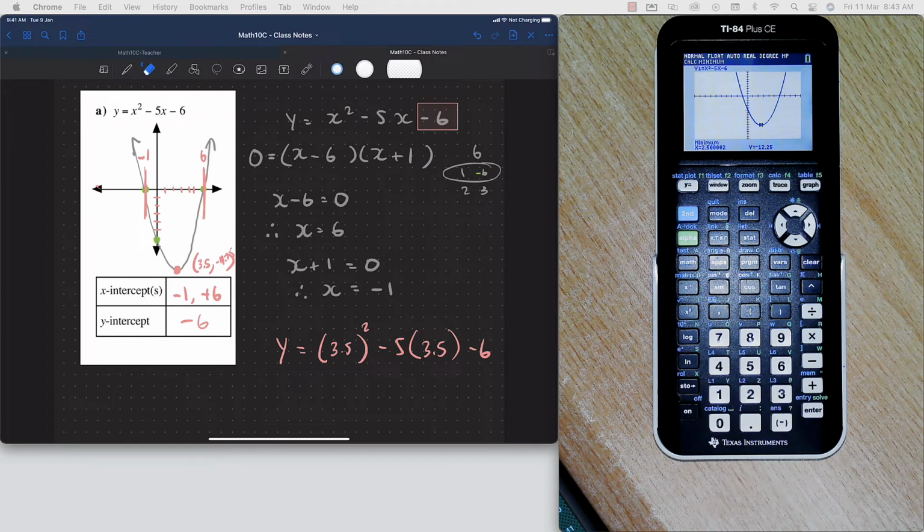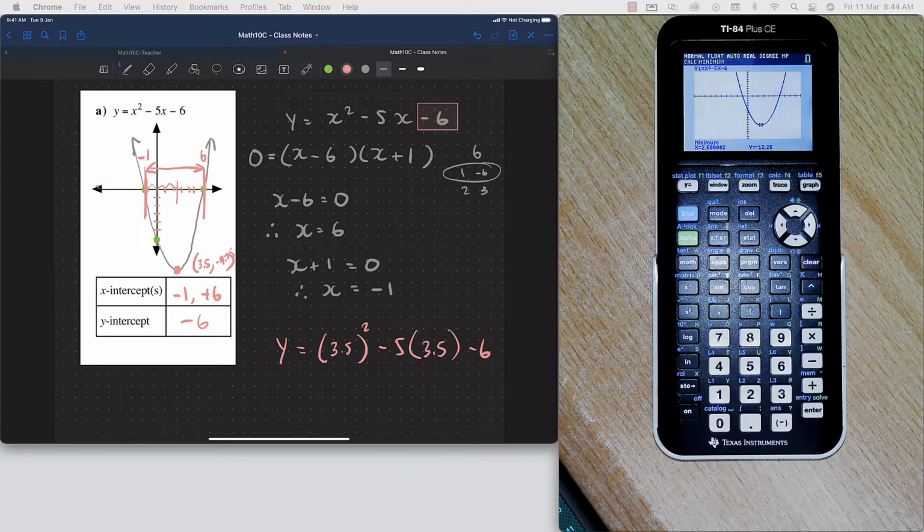Now, it is 3.5 over, remember I said between these 2 points right here, we've got a difference of 7, so we would move over 3.5. But because I was starting at negative 1, I went over 1. That gets me to 0, and then 1, 2, and then a 0.5.